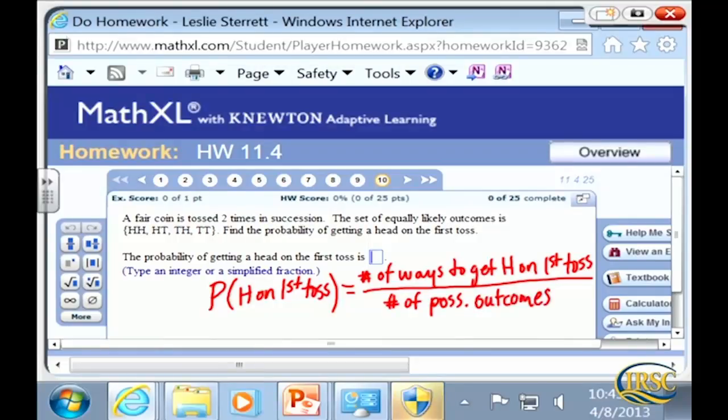Okay, so I heard 2. So looking at our list, the only ways that you get heads on the first toss is the first 2 that are listed. Okay, the other 2 does not get heads on the first toss.